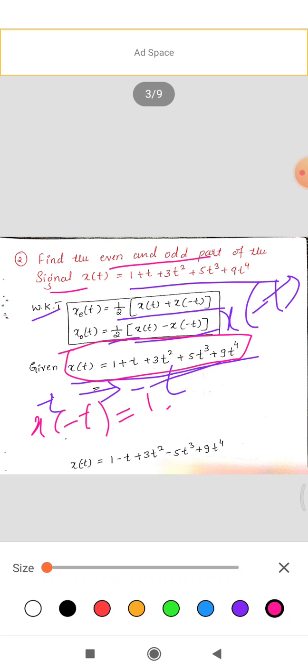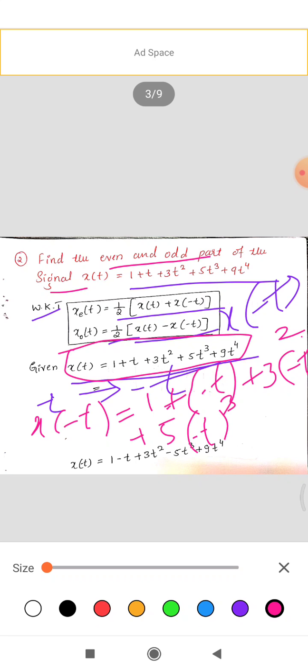Then plus minus t, plus 3 minus t square, plus 5 minus t cube, plus 9 minus t raised to 4. Now we have substituted the value.